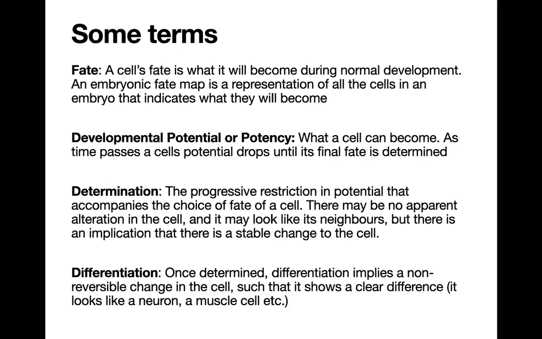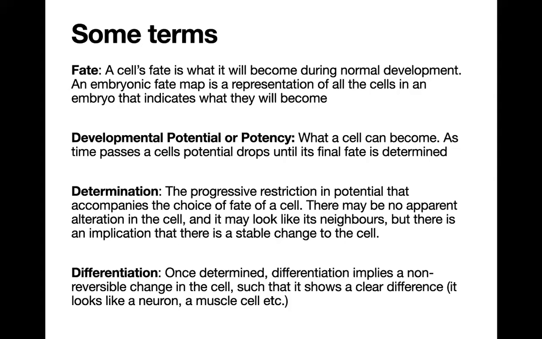And then differentiation is the expression of the fate of the cell. Once determined, it implies a non-reversible change in the cell, such that it shows a clear difference from its neighbors. That is, it looks like a neuron or a muscle cell, a kidney cell, a skin cell, etc. These are terms that we can bear in mind.